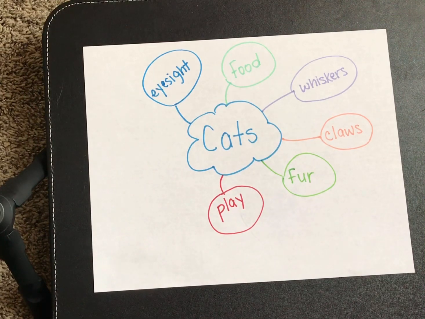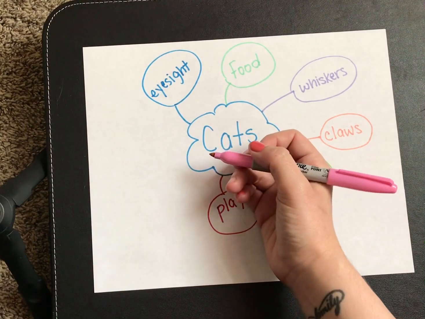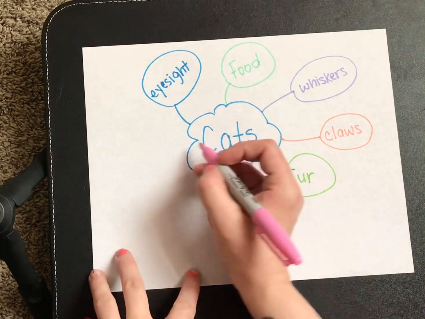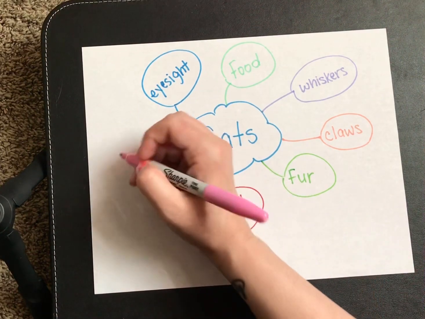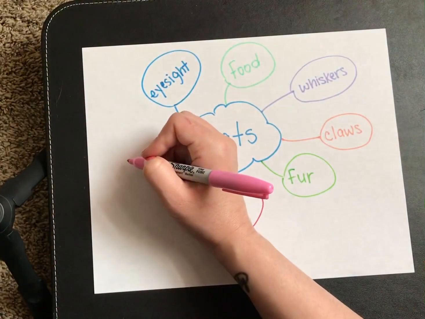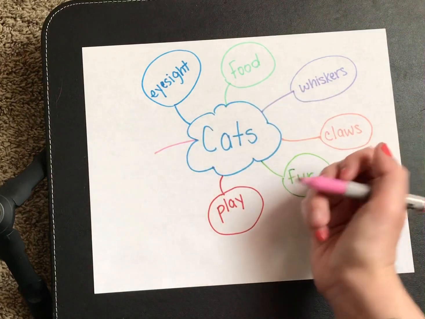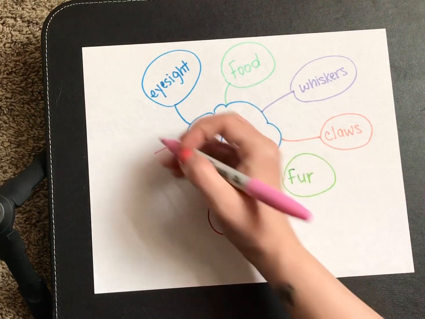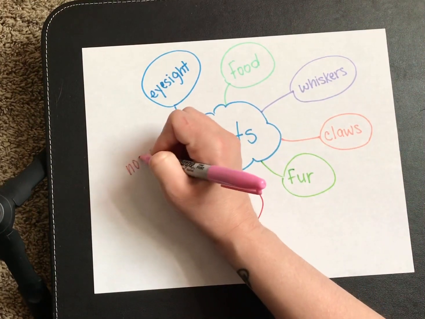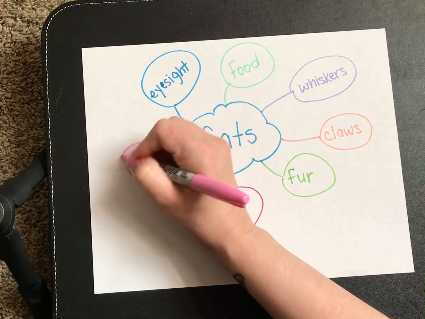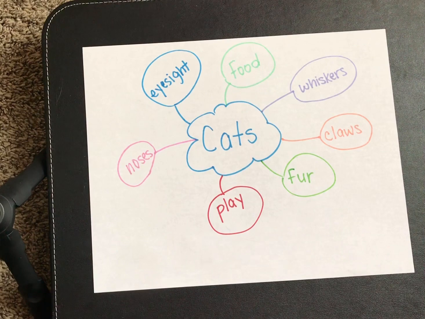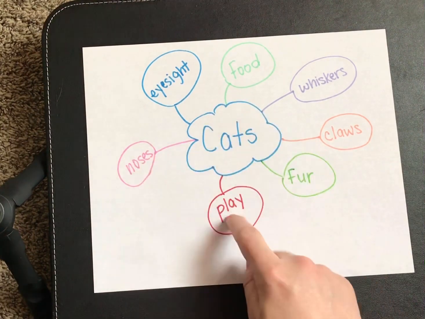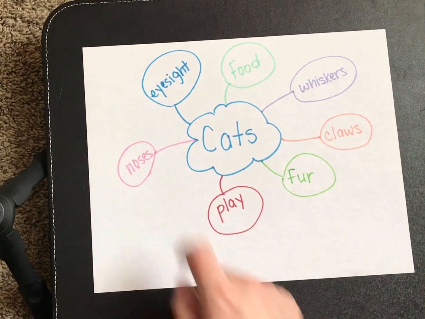I'd have to look that up to check, but I could talk about their noses, but I would have to look up if they have a good sense of smell or how they use their smell. See, I'm just breaking up this big topic into smaller pieces that gives me something to write about.